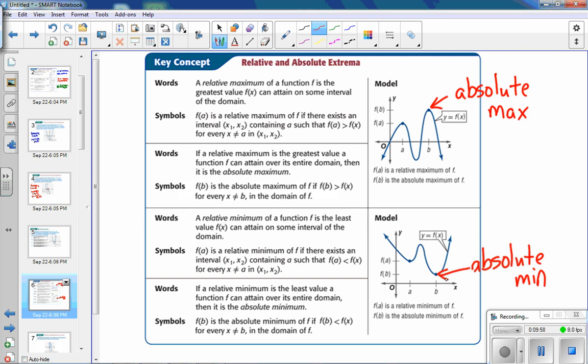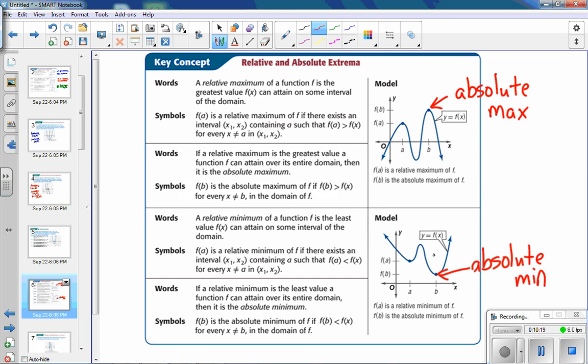Now in this case, notice we have a maximum somewhere between A and B. There is a function value, f of whatever that value is, and it's a relative max. But this is not an absolute max because this function continues to go up. If you look at the end behavior, the function continues to increase.